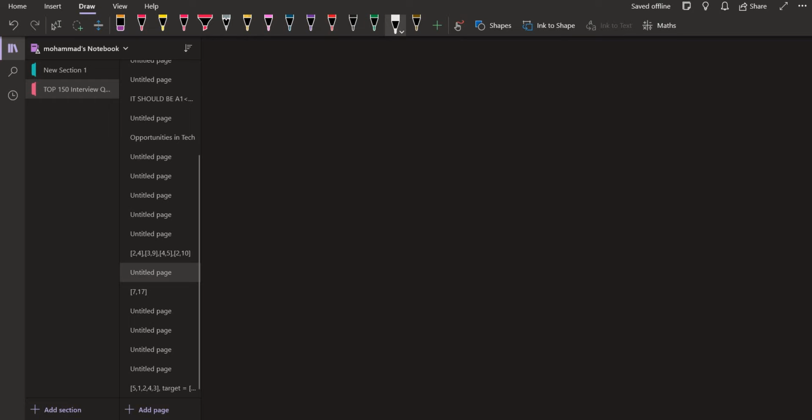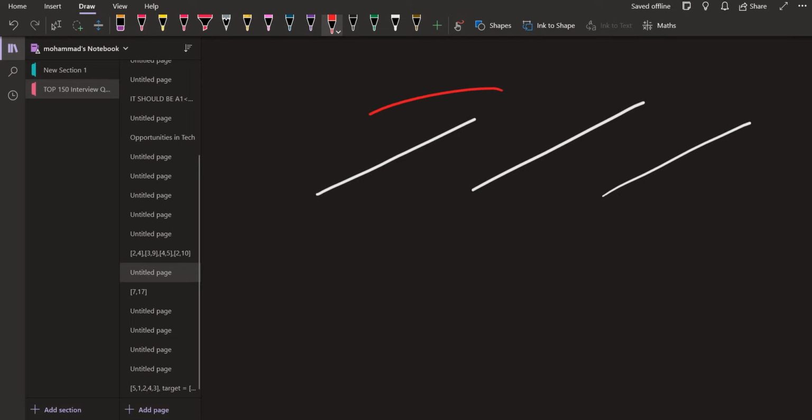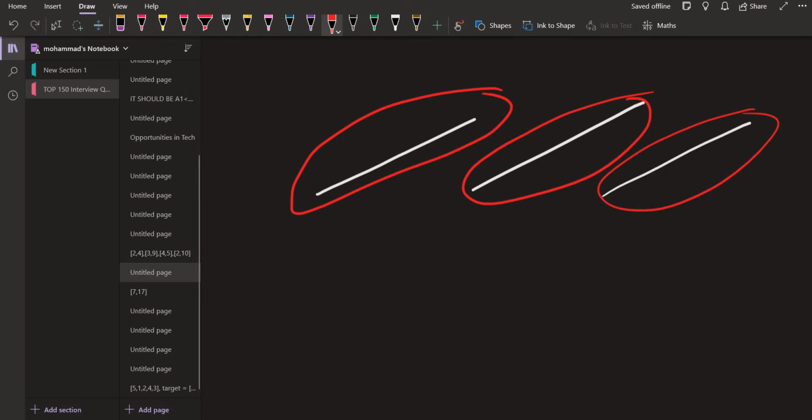In the first question we had peaks, something like this: increasing, then again increasing, then again increasing. We had to find the summation of these increasing parts. So basically what I did, I started taking summation starting from here, and then I kept comparing: if we are on this element, it is greater than the previous one.